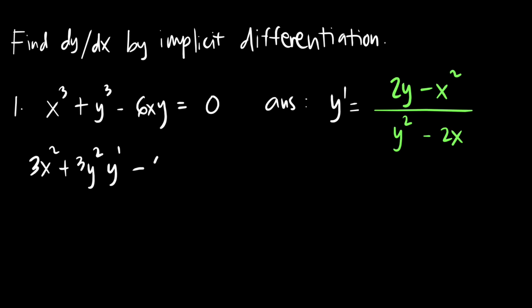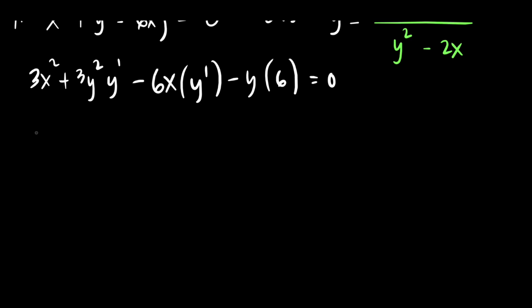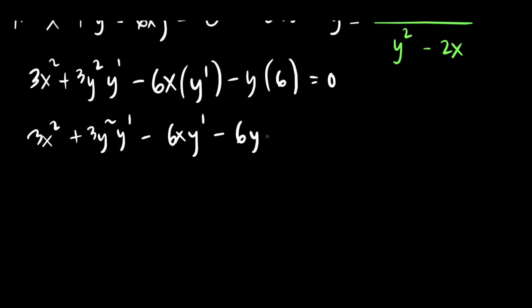So minus 6x times the derivative of y, which is 6xy prime, minus, so copy y, the derivative of 6x is 6, equals 0. So we have 3x squared plus 3y squared y prime minus 6xy prime minus 6y is equal to 0.